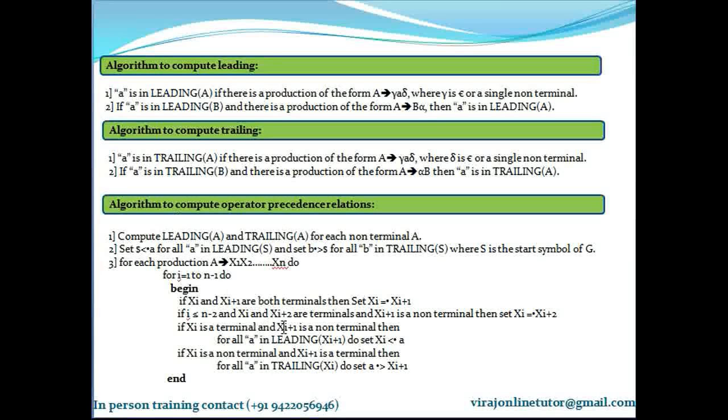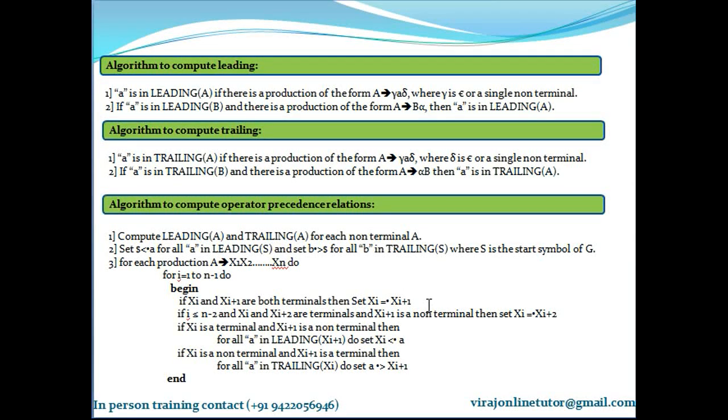And this is the algorithm for computing the precedence relations. As I have said, compute the leading and trailing for each non-terminal in your grammar. Place dollar is less than leading of start symbol, and keep trailing of start symbol greater than dollar. Then for the other productions, if Xi and Xi plus 1 are both terminals, then set Xi is equal to Xi plus 1.